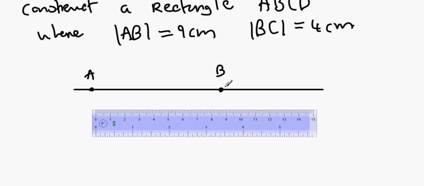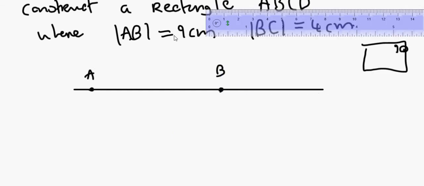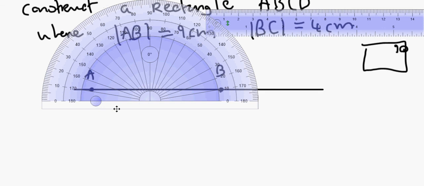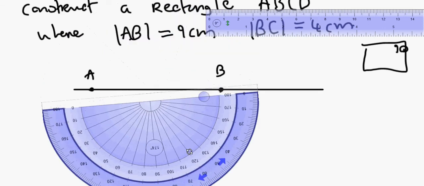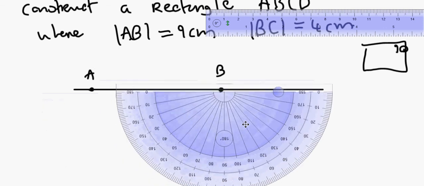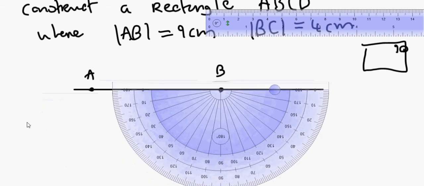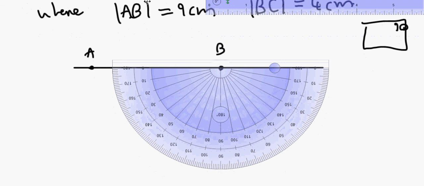Now, the thing we know about rectangles is that each corner is worth 90 degrees. So what we can do next is get the protractor and rotate it around. We can find out where the 90 degree mark is, and we can see the 90 degree mark down here. So we can put the mark there on 90 degrees.